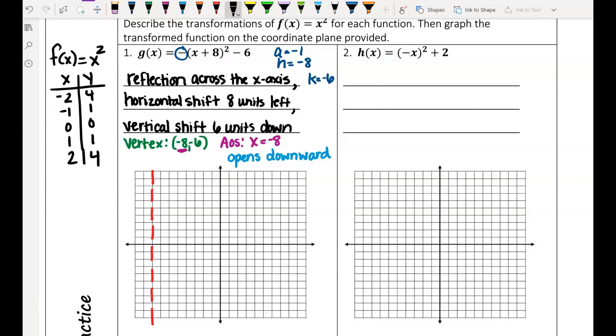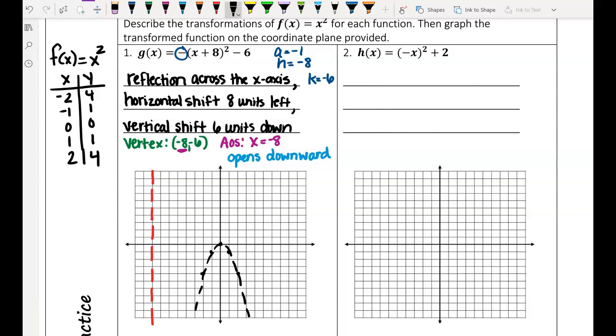Again, if it helps you, sketch in your parent function. Now, we already know it's opening downward, and I'm just going to sketch this in as a dotted. So that's my parent function.